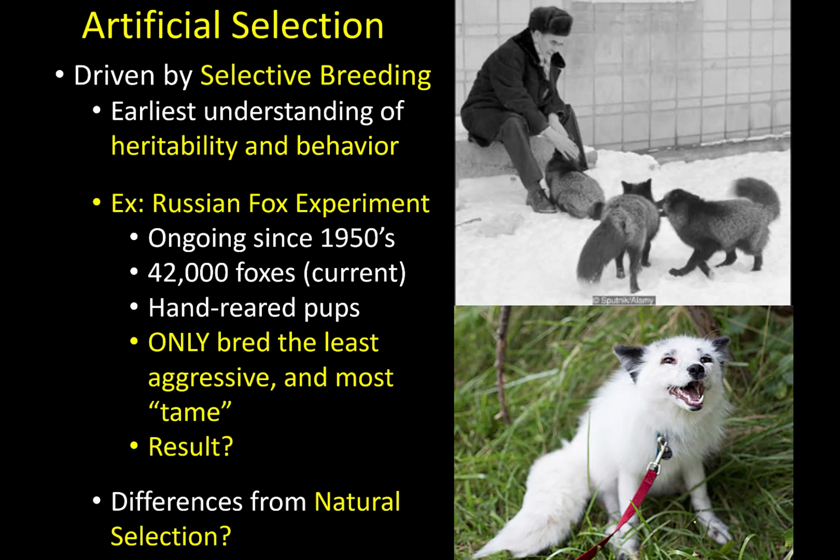But Belyaev noticed something else. He noticed that these domesticated animals, even though they were completely different species, had some physical characteristics in common in addition to their behavioral characteristics. They had floppy ears, short curly tails, juvenilized facial and body features, meaning that the domesticated animals that we were raising looked really similar to the juvenile versions of their wild ancestors or their wild counterparts.